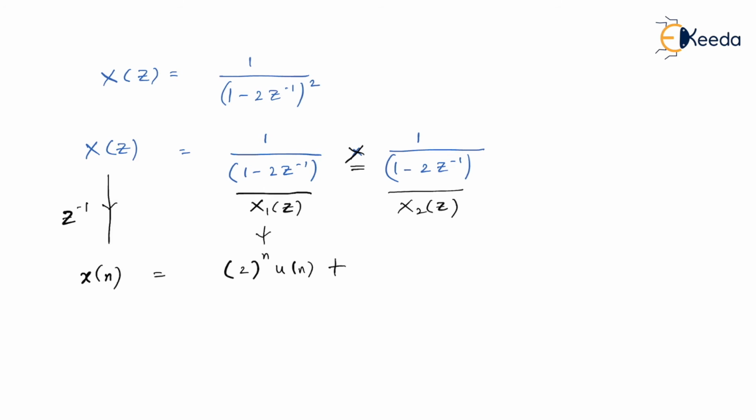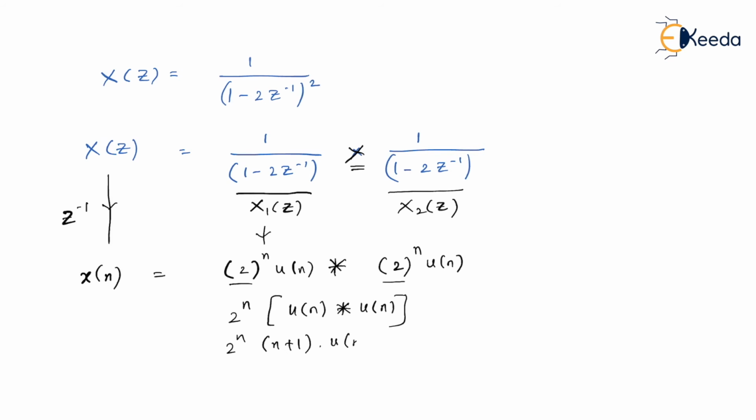Multiplication in the frequency domain becomes convolution in the time domain, and this is also the same function, 2 to the power n u of n. 2 to the power n, I'll take common. What remains inside is u of n convolved with u of n, and u of n convolved with u of n is n plus 1 times u of n. Am I right? This is your x of n finally.